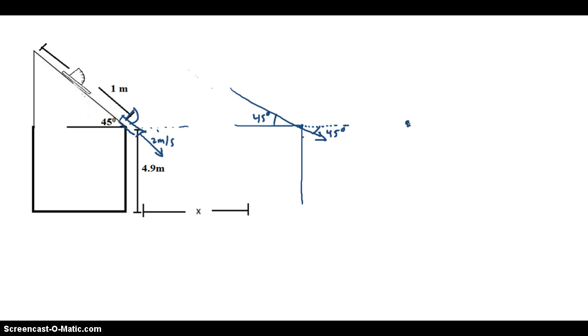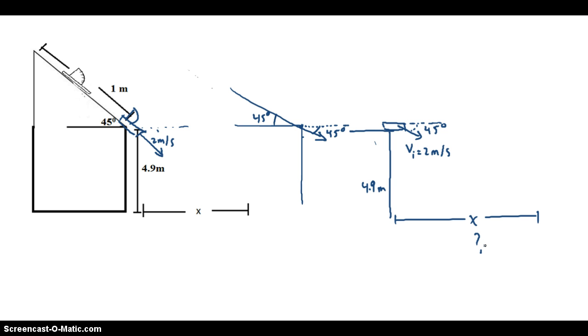We've got an object that's under the influence of projectile motion, moving with some initial speed. This is the direction. We know the height of the table. We want to find where does it land.